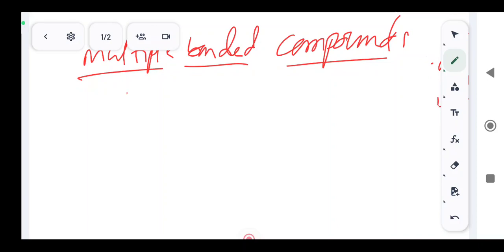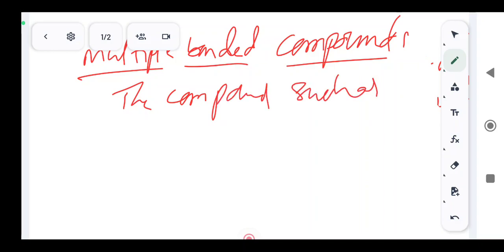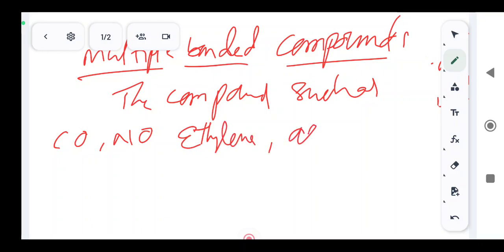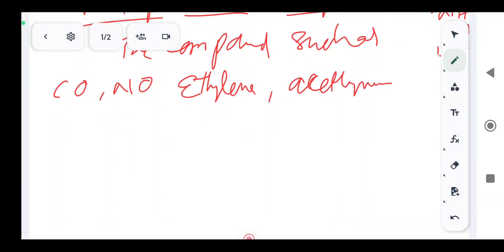Compounds such as carbon monoxide, nitrogen monoxide, ethylene, acetylene, etc. are Lewis bases.